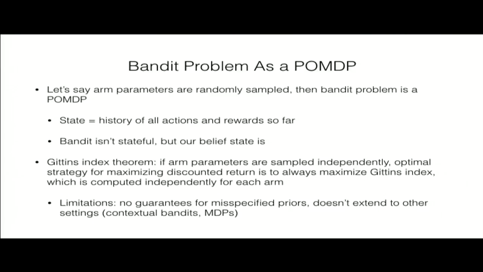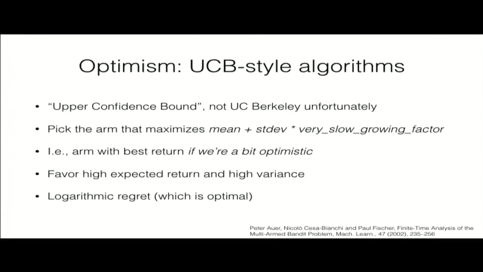It also doesn't extend very well to the more difficult settings. So this Gittins index result only really holds in a particular finite bandit setting, or it doesn't yield useful algorithms in the other settings. Question.